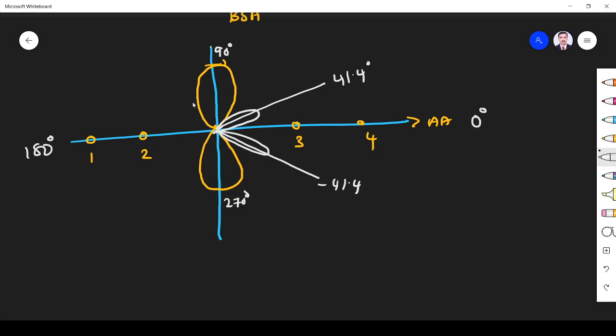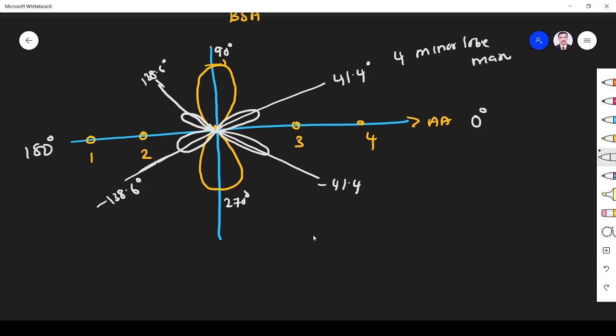Similarly 138.6. So here it will go. So this is 138.6 degree. Similarly, there is one more minor lobe here at minus 138.6 degree. So 4 minor lobe maximum. Right? Then 6 minor lobe minimum.